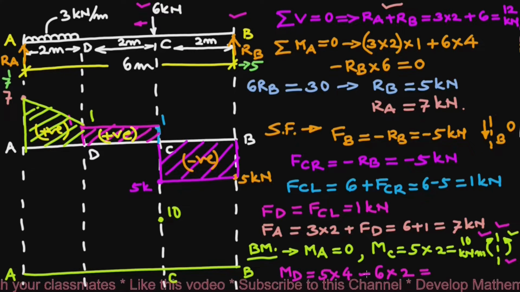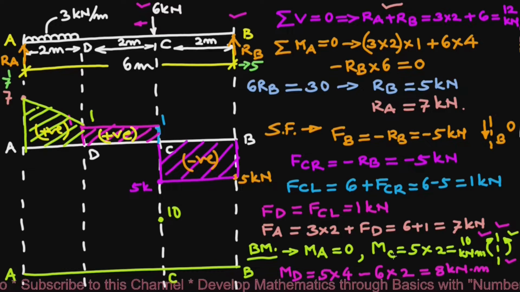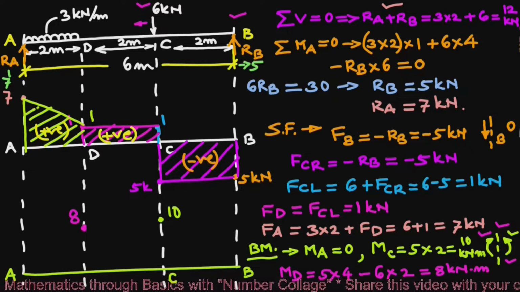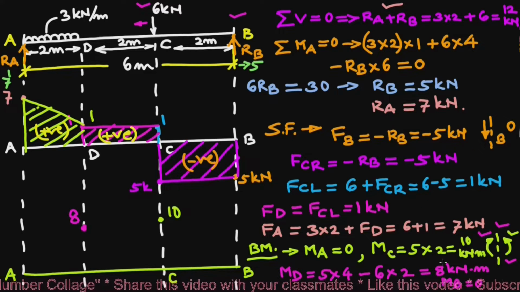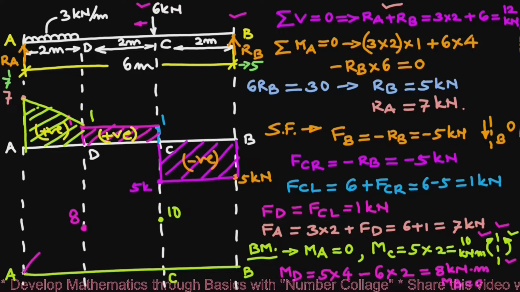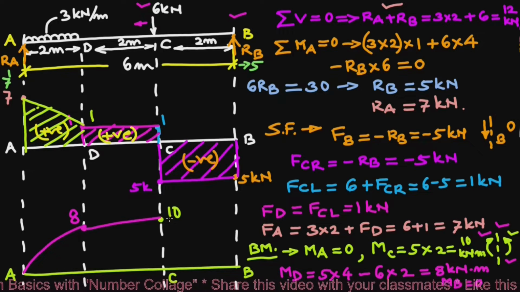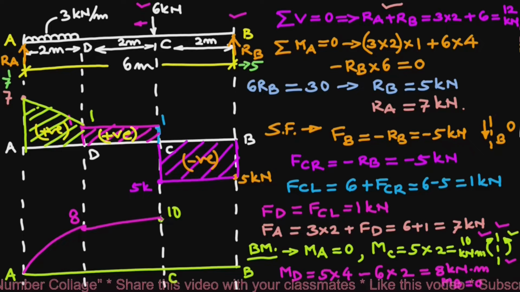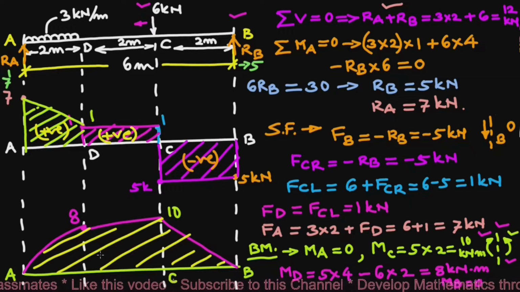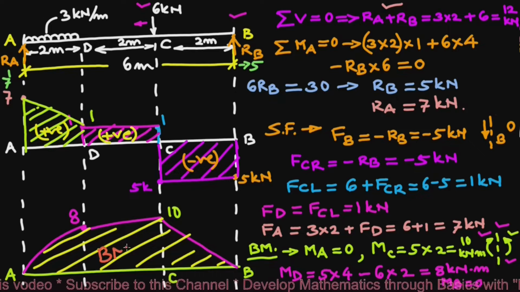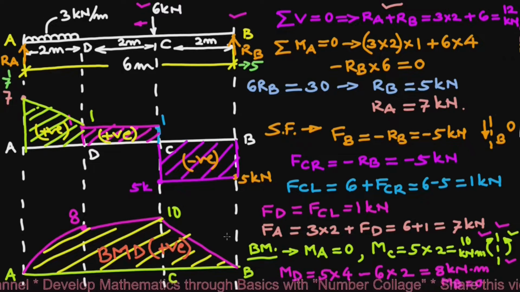So it will be 20 minus 12, that is 8 kilonewton meter, which we plot over here, and MB will also be 0 because that's the end point. From A to 8 it will be quadratic bending moment curve. From 8 to 10 it will be linear curve. Then from 10 to B it will be a linear curve again. So this is the bending moment diagram BMD, which is plus, so above the baseline.